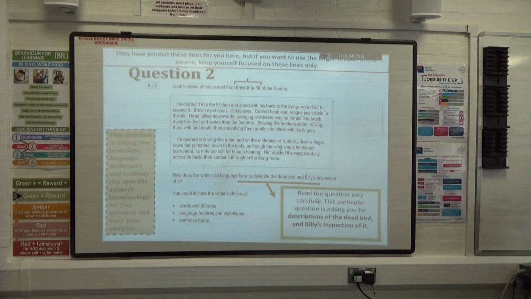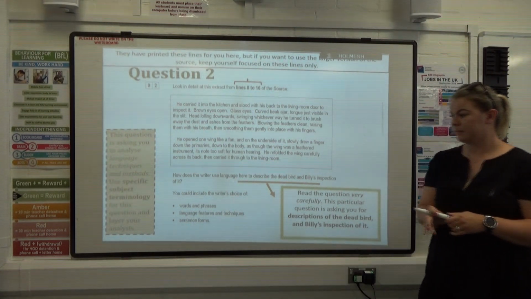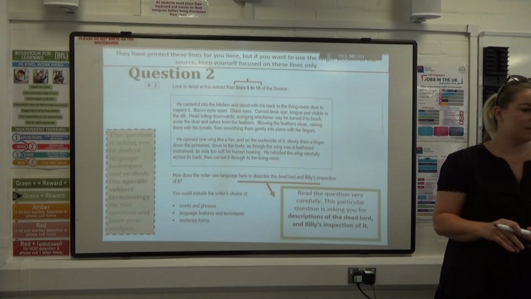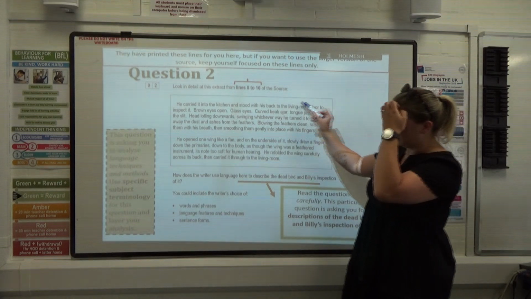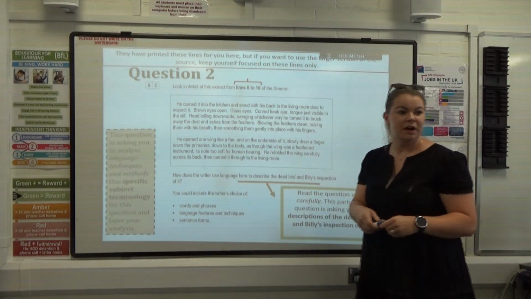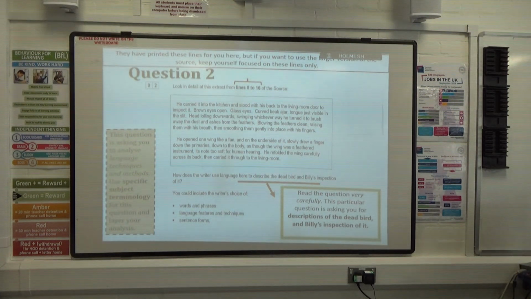How the bird is described and how he treats it. Yeah, that's the first thing you're going to do. Just in those lines. So highlighting how the dead bird is described, first of all.